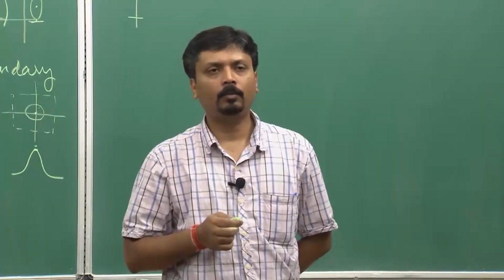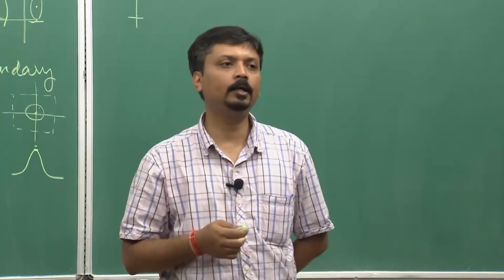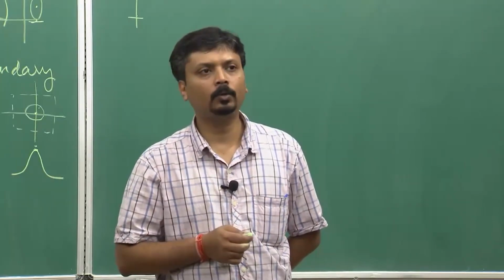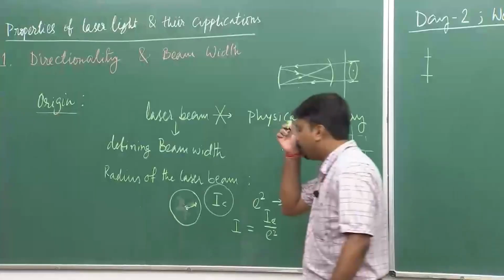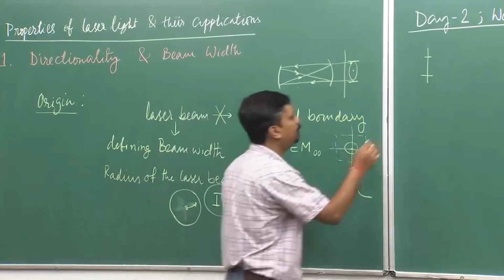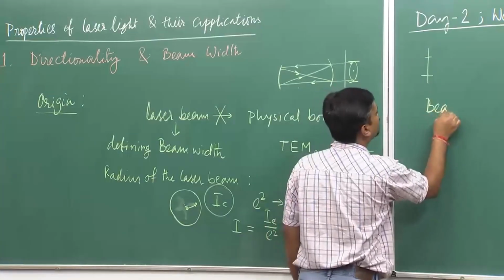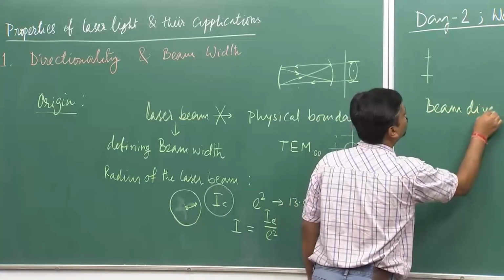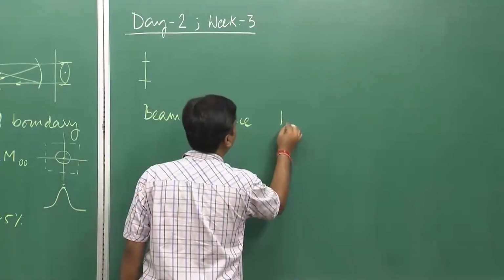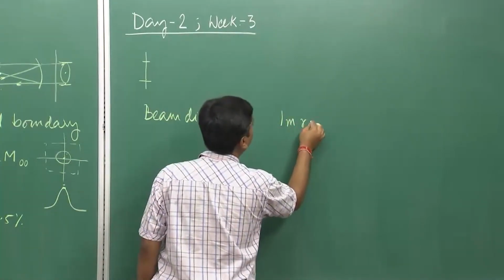Now, many lasers do not diverge much. Okay. So, say for example, a typical value of beam divergence will be approximately 1 millirad.